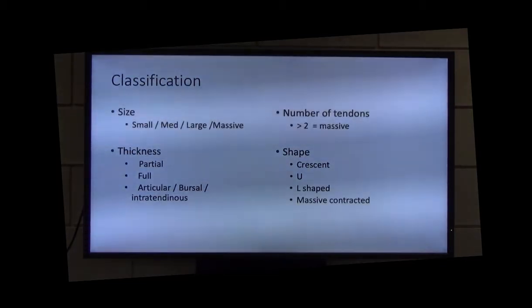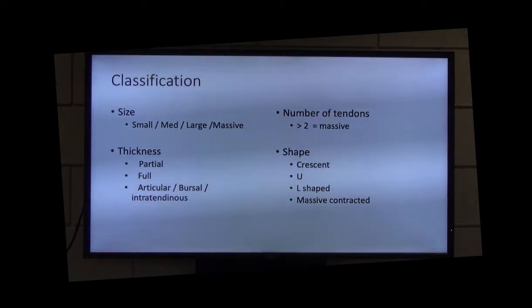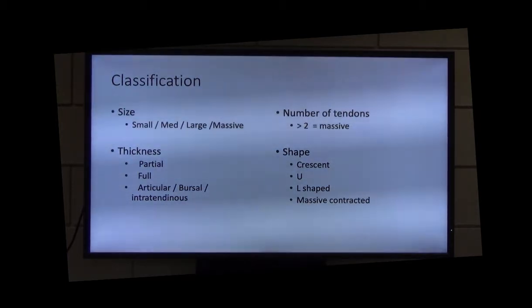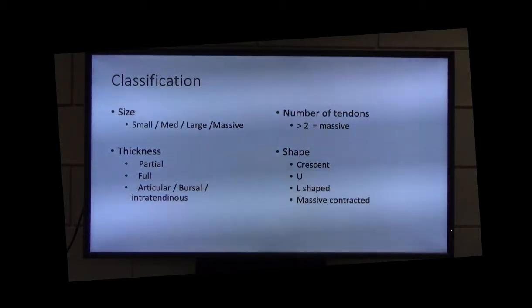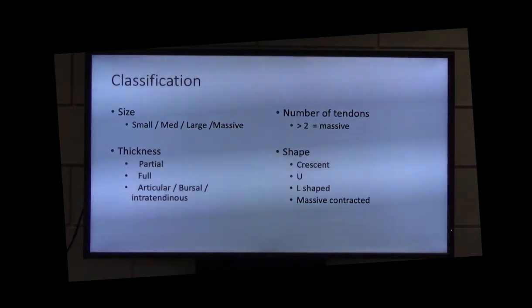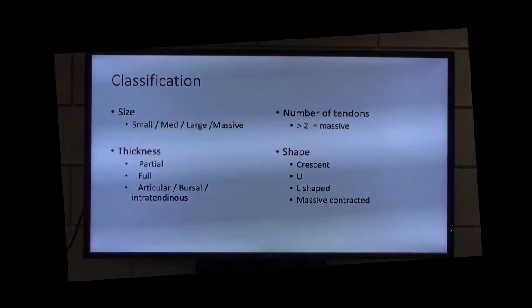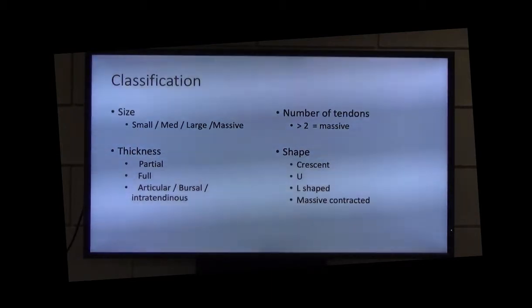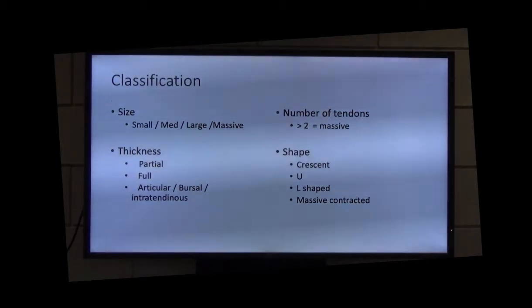Okay. So we've got a very small part about the classification, so there are lots of ways that they can be classified. Small, medium, large, massive, just think 1, 3, 5, 5 plus. For thickness, we talked a little bit about partial versus full thickness. So your partial thickness tears can be either articular-sided or bursal-sided. The bursal-sided ones tend to progress a bit more quickly, so you have less of a threshold to repair here.